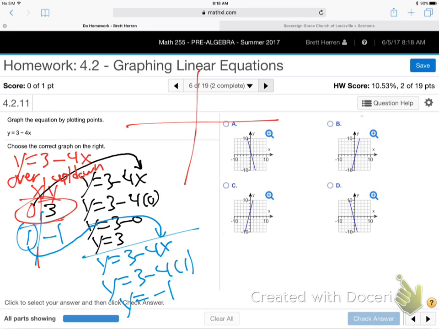So over 0, up 3. 1, 2, 3. Over 0, up 3. The second number is over 1, down 1.